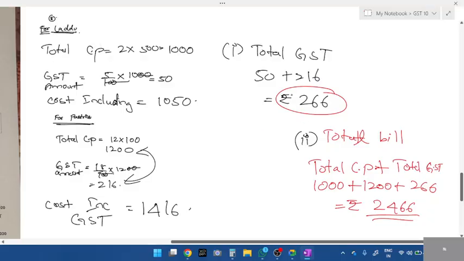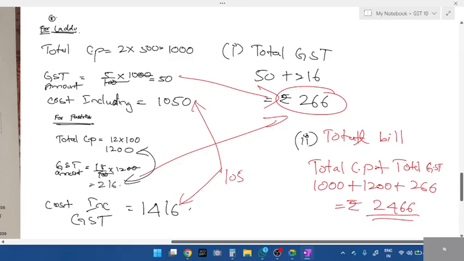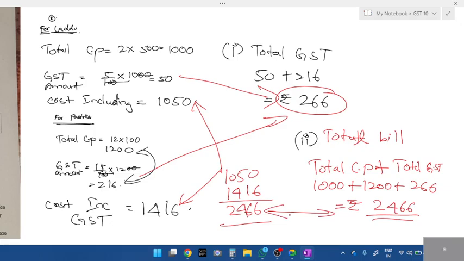Then if you want to find total GST, just add both separately like this. Look, these two. Then if you want to find the total bill, add these two. 1050 plus 1416. We get the same answer. Is it clear? All of you understood how to solve?